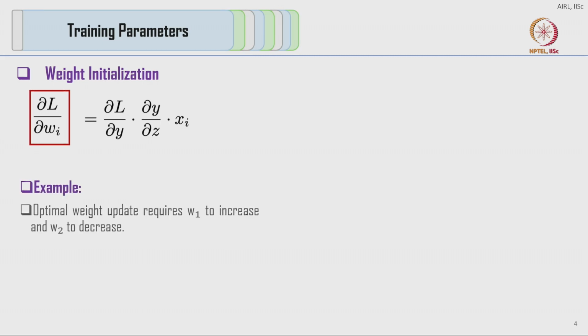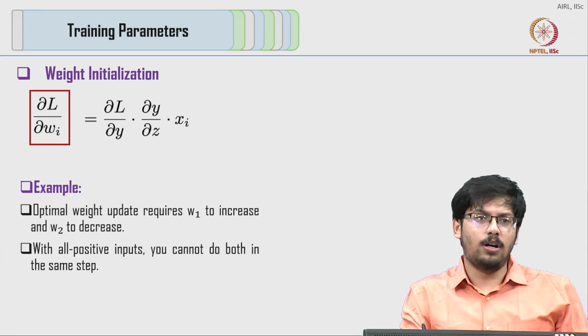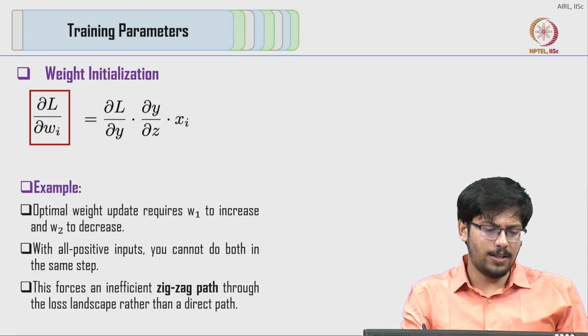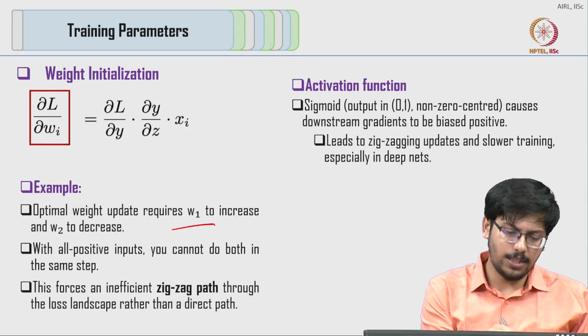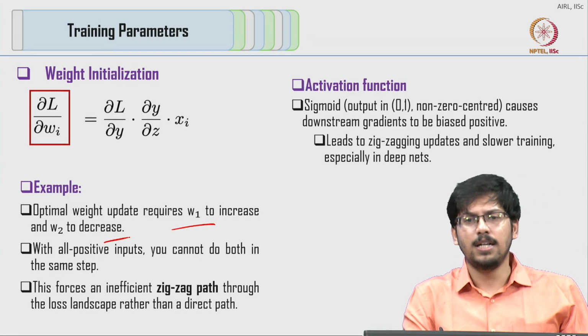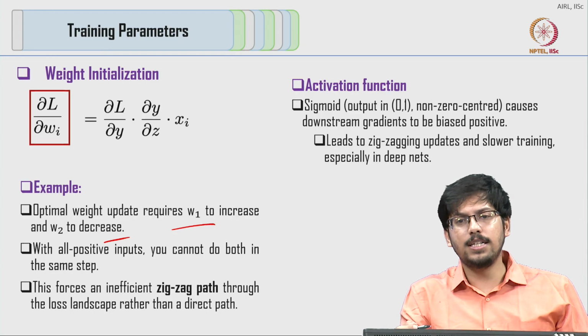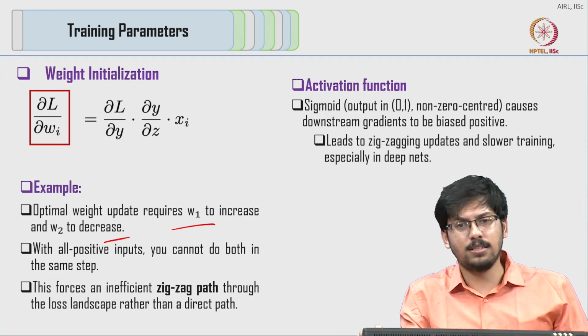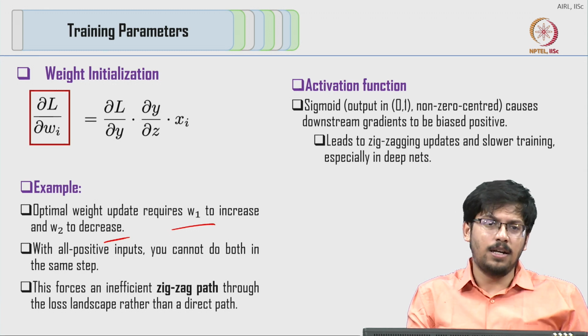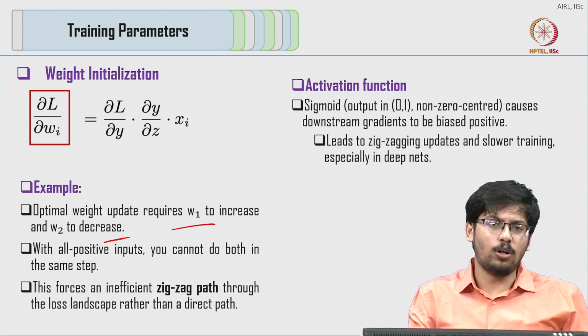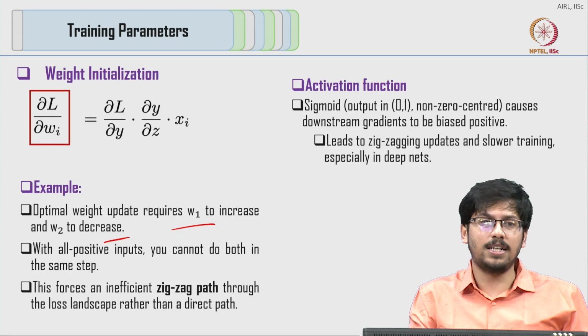We also went through an example where we saw that there could be scenarios where the optimal weight update requires W1 to increase and W2 to decrease. So, essentially one weight should increase in magnitude, so move in one direction, and weight W2 should maybe decrease, and in that example we observed that that may not always be possible if this constraint is there.